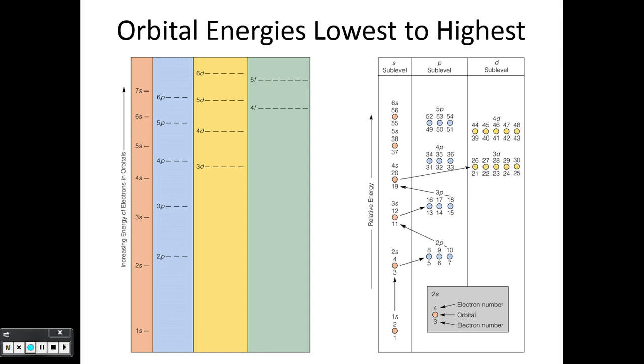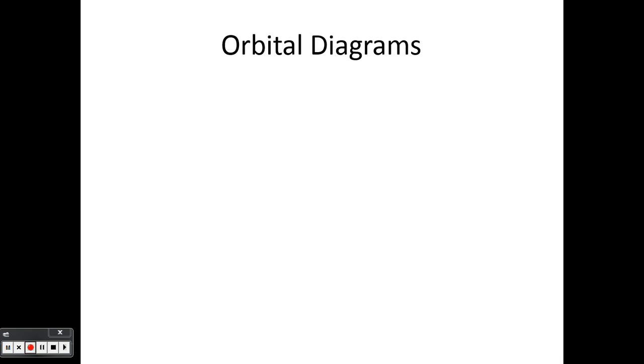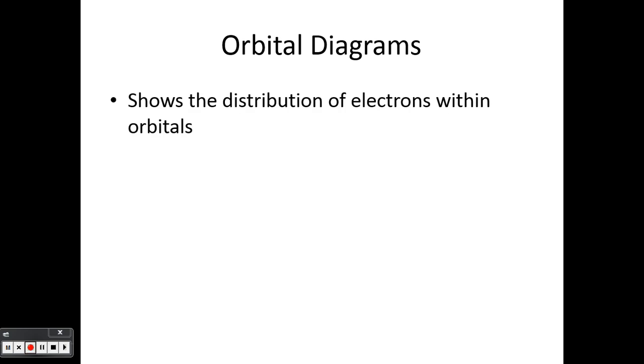Okay? We're going to use this chart to make something that we call an orbital diagram. An orbital diagram shows us how the electrons are distributed within the actual orbitals. The picture that we drew starting last week on Thursday and that we were working on over the past couple of days, that is a picture of orbitals.